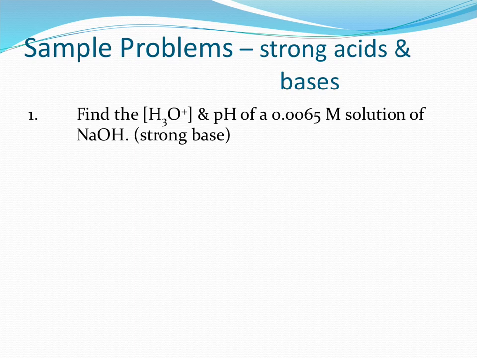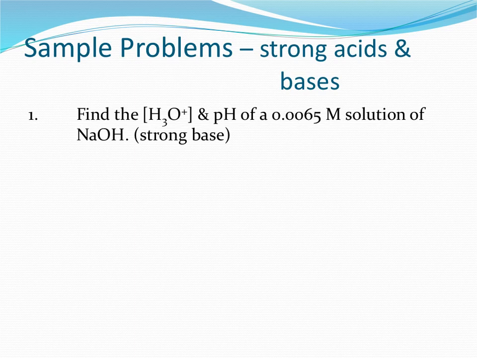So let's go ahead and do some examples here. For the first example, we're going to find the hydronium ion concentration and the pH of a 0.0065 molar solution of NaOH, which is a strong base, of course.